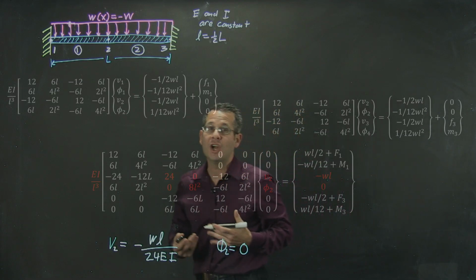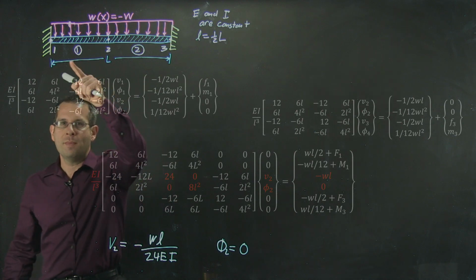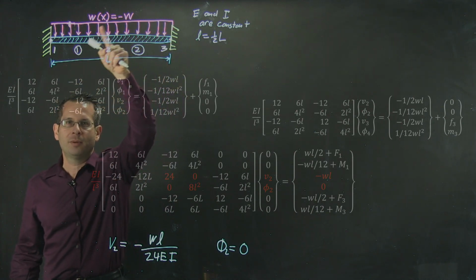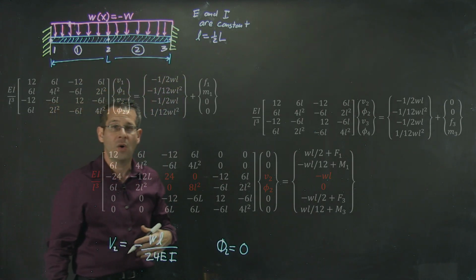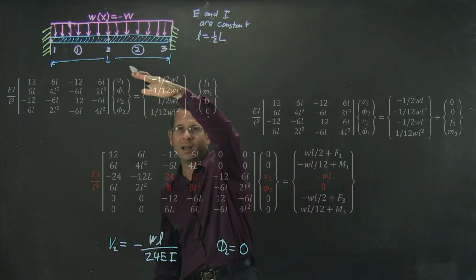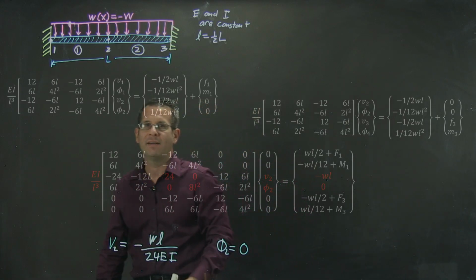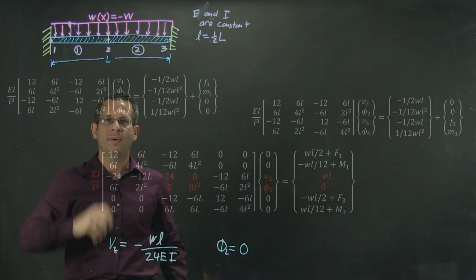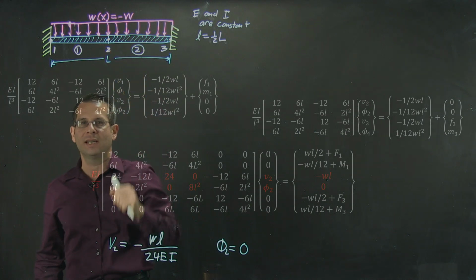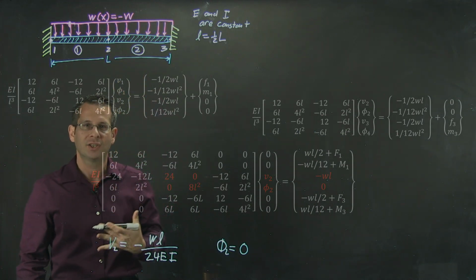But I should have known it was 0 from the get-go, because you may have noticed this problem is symmetric. And so I didn't need to actually assemble two elements and form a global stiffness matrix. I could have left this as one element, set as one of my boundary conditions that phi2 has to be 0 due to symmetry, and solve that way.